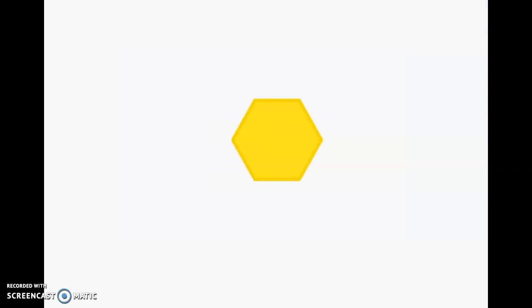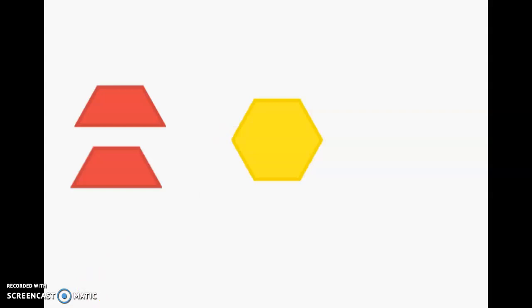So I'm going to start building some different kinds of hexagons because there are lots of combinations of shapes that you can use to create a hexagon that has 6 sides and 6 vertices. 4, 5, 6.